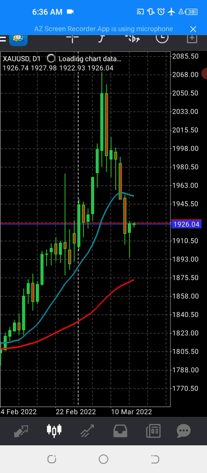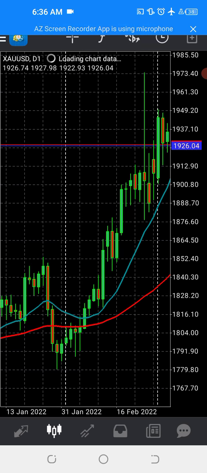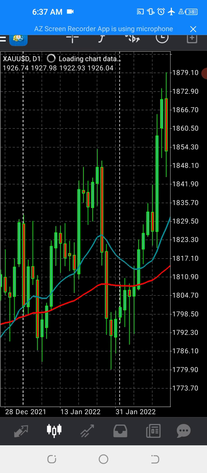The bullish candle represents the upward movement, while the bearish candle represents the downward movement. I say again, the bullish candle represents the upward movement, while the bearish candle is for the downward movement.